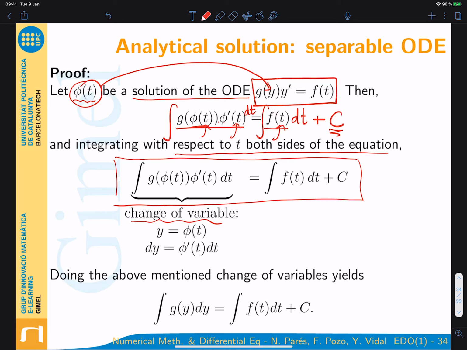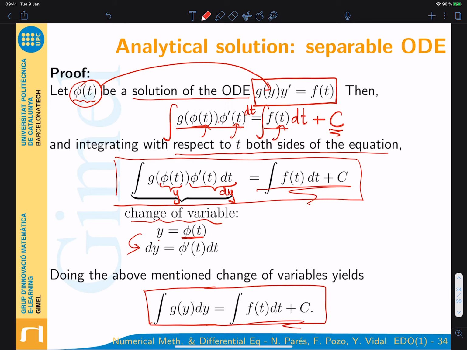If I call y the function phi of t, and I apply what you know as the change of variables to solve an integral, dy is phi prime dt. So phi of t is called y, and phi prime of t dt is nothing more but dy. So this leads to this expression here, and the right-hand side just remains the same.